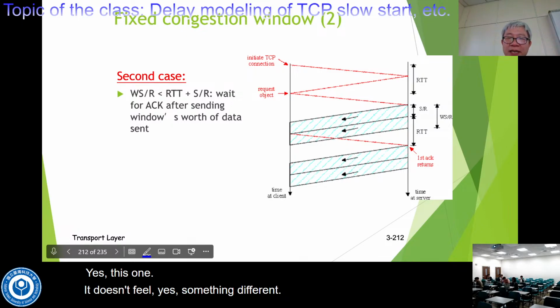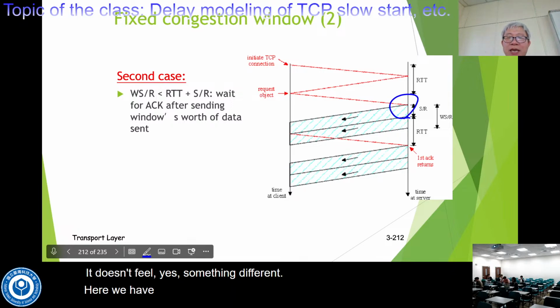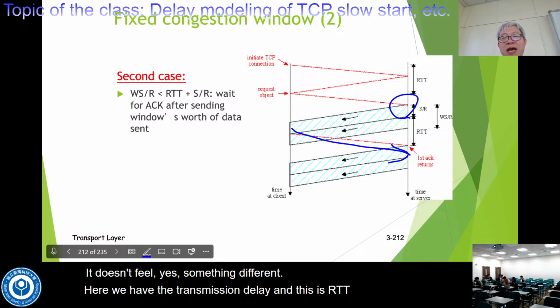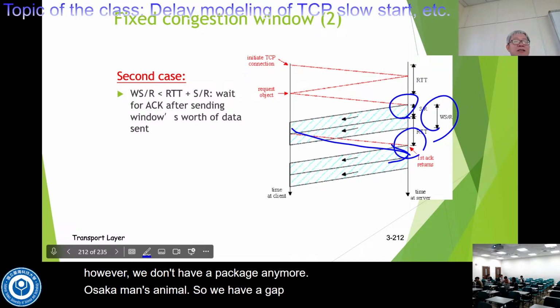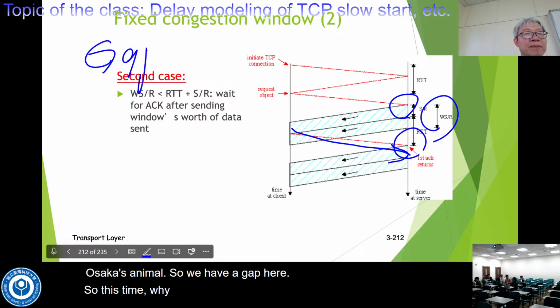Here we have the transmission delay, and this is RTT, and once it returns, however, we don't have any segments anymore, so we have a gap here. Can you find it?